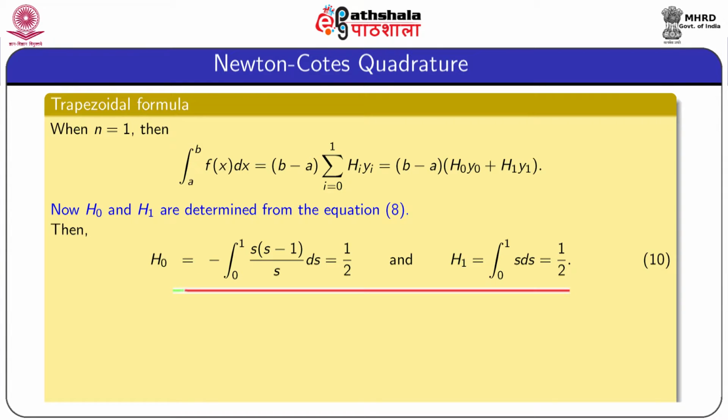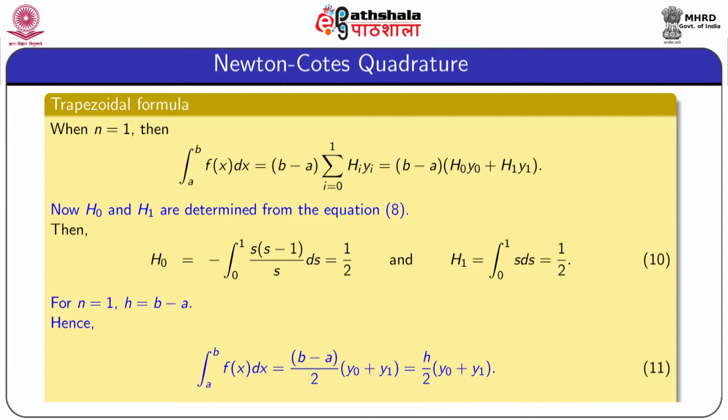After integration we get h0 equal to half and h1 equal to half. Therefore, for n equal to 1, h equal to b minus a, and hence integration a to b f(x) dx equal to b minus a by 2 into y0 plus y1, equal to h by 2 into y0 plus y1. This is the simplest formula to find the value of integration of any integrable function f(x), and the formula is h by 2 into y0 plus y1.